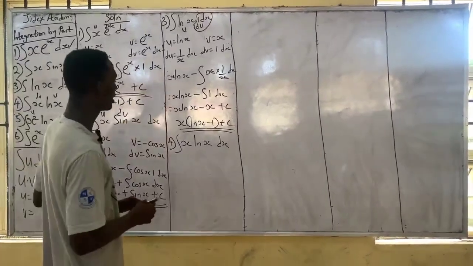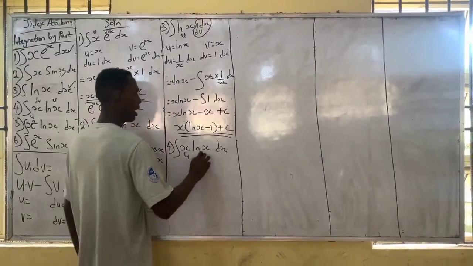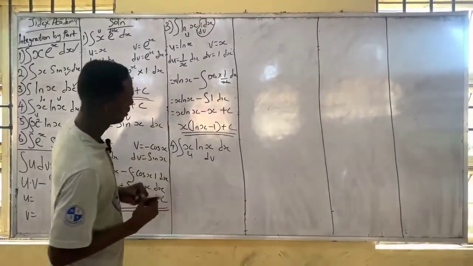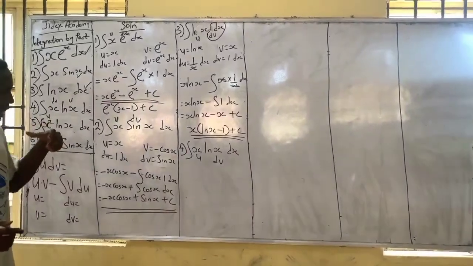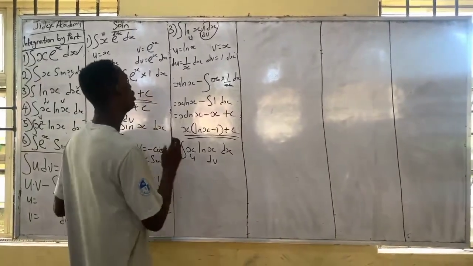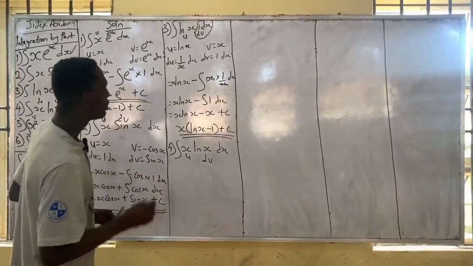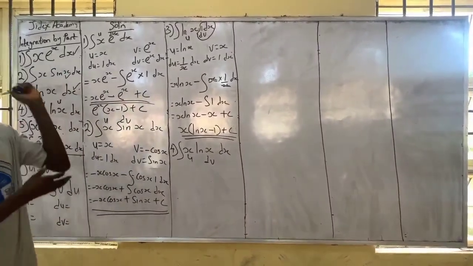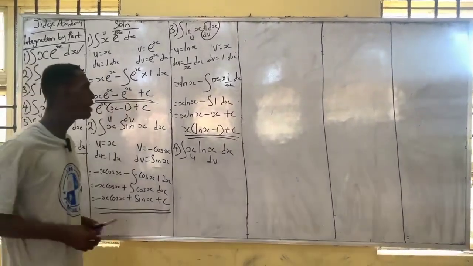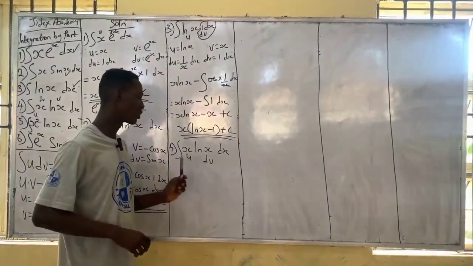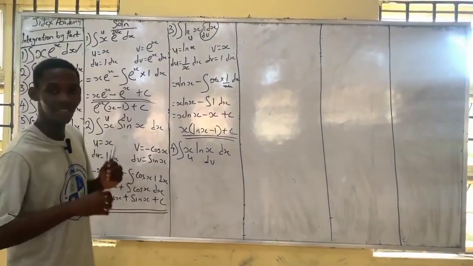Instead of making this our u and this our dv, I'll be switching it over. Like I said earlier, make the value of your u something that you can easily differentiate, and make the value of your dv something that you can easily find the antiderivative of.